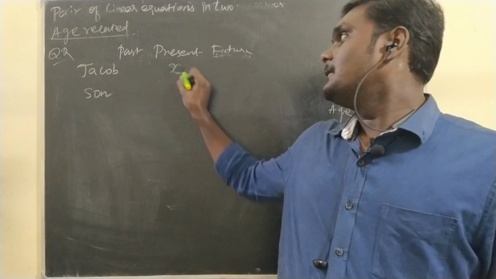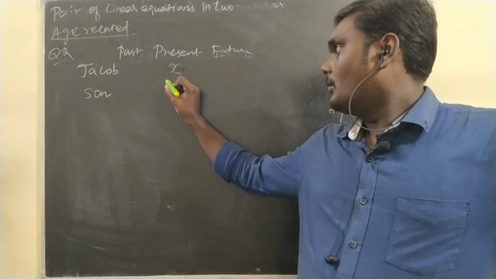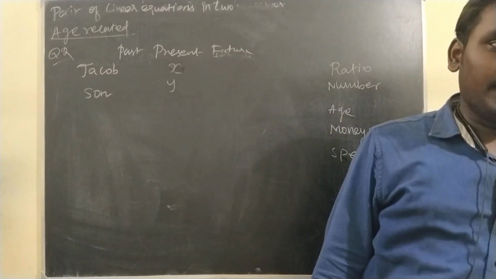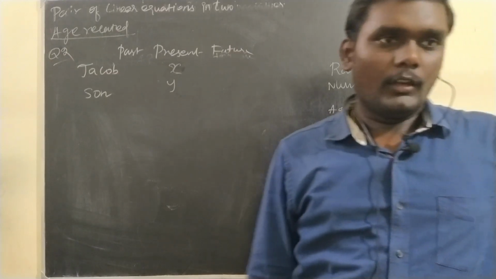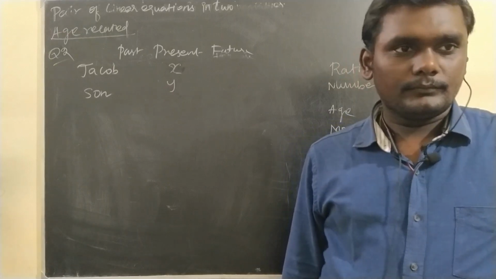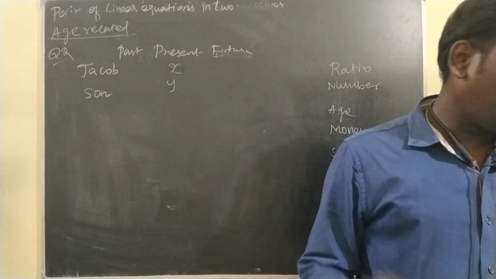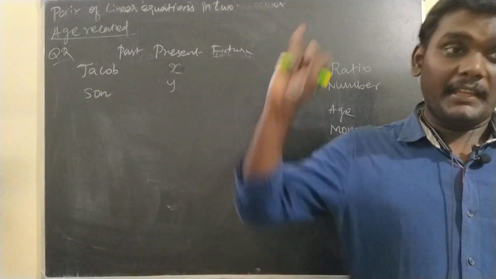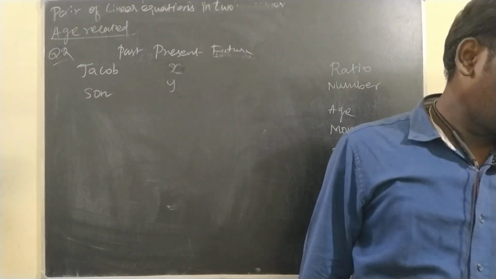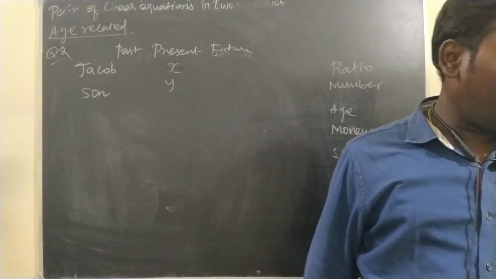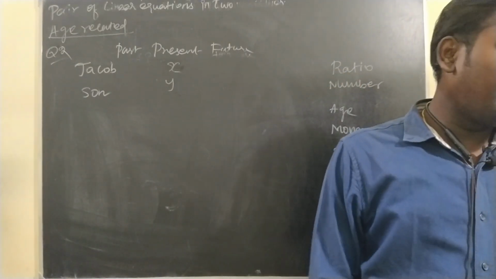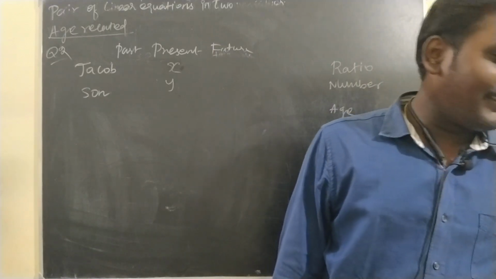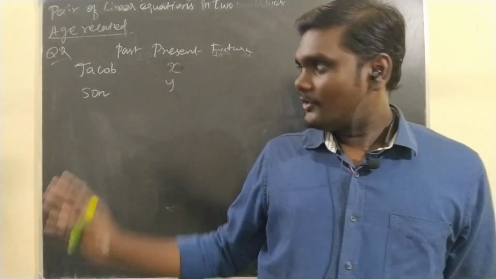So x is the present age of Jacob, y is the present age of his son. 5 years hence, after 5 years. 5 years ago, Jacob's age was 7 times that of his son. What are their present ages? That is the question.